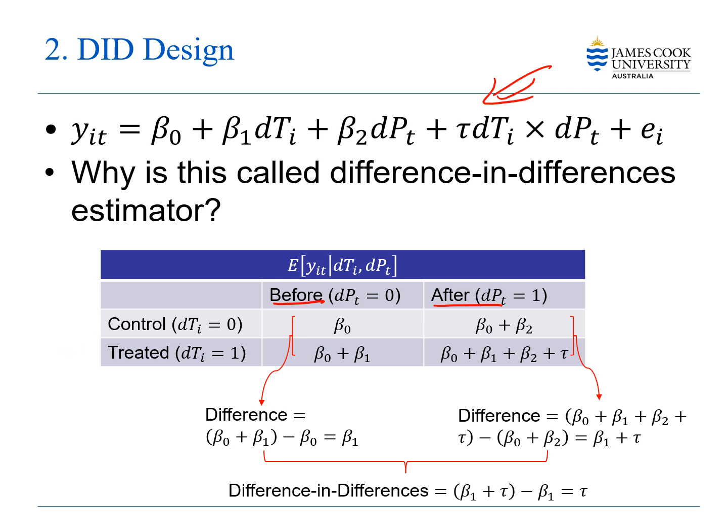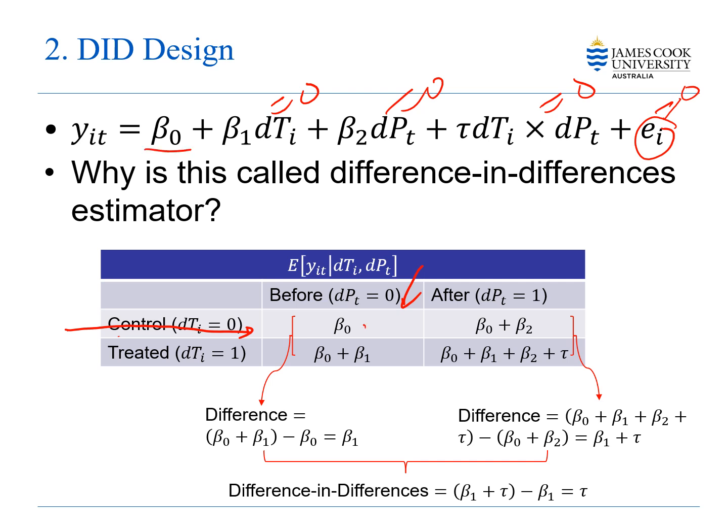If it is a control unit, which means dti is equal to 0, before the policy dpt is equal to 0, so the interaction term is equal to 0. We are looking at the conditional expectation, so we get beta 0.